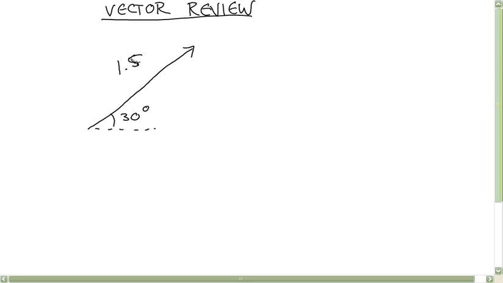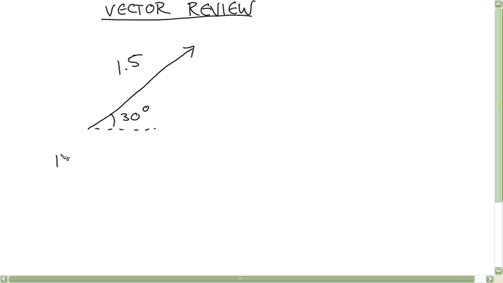What do I need in order to represent this vector in terms of coordinates? I know mathematically I'm going to use trig functions, but this is not enough yet for me to express this in coordinates. What else do I need? A coordinate system, that's right. And a coordinate system is made up of an origin and an orientation, okay?